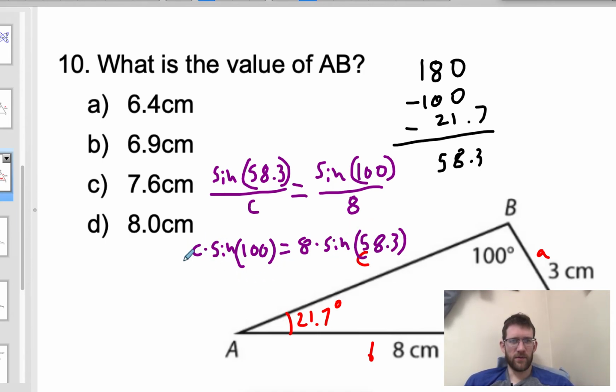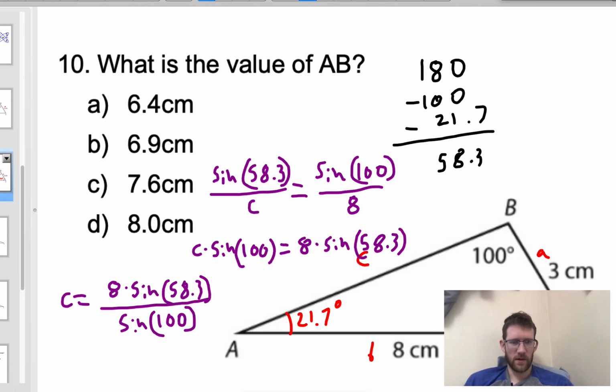Okay, and then again, we're solving for C, so we need to divide both sides by the sine of 100. C is equal to 8 times the sine of 58.3 divided by the sine of 100.